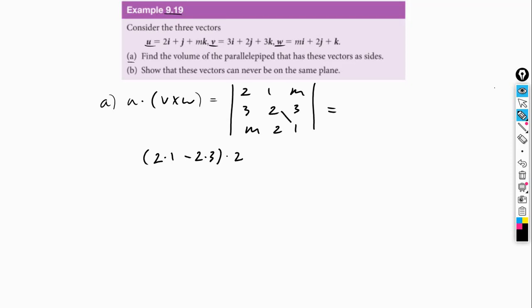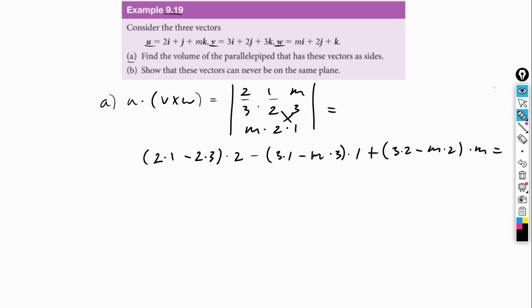So notice it's this times this, minus this times this, times this. And then minus 3 times 1 minus m times 3 times 1. This times this, minus this times this times this. And then plus 3 times 2 minus m times 2 times m.